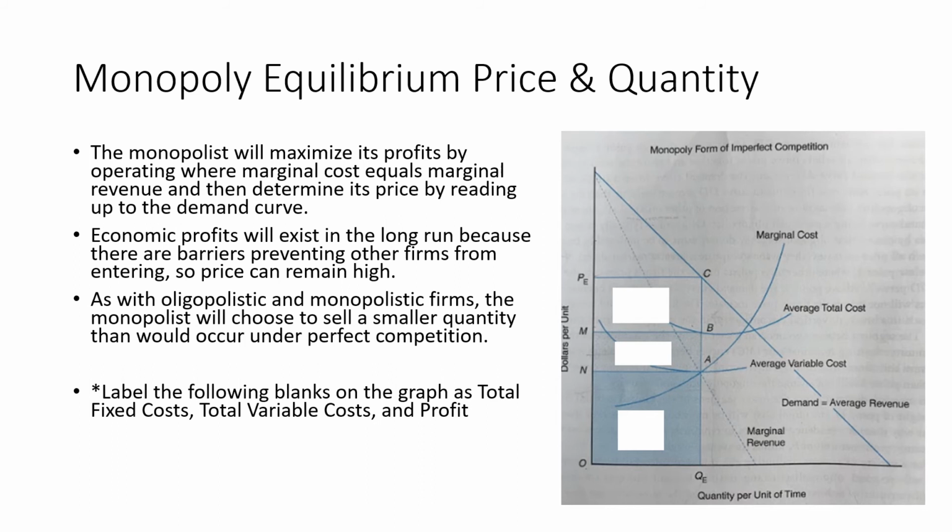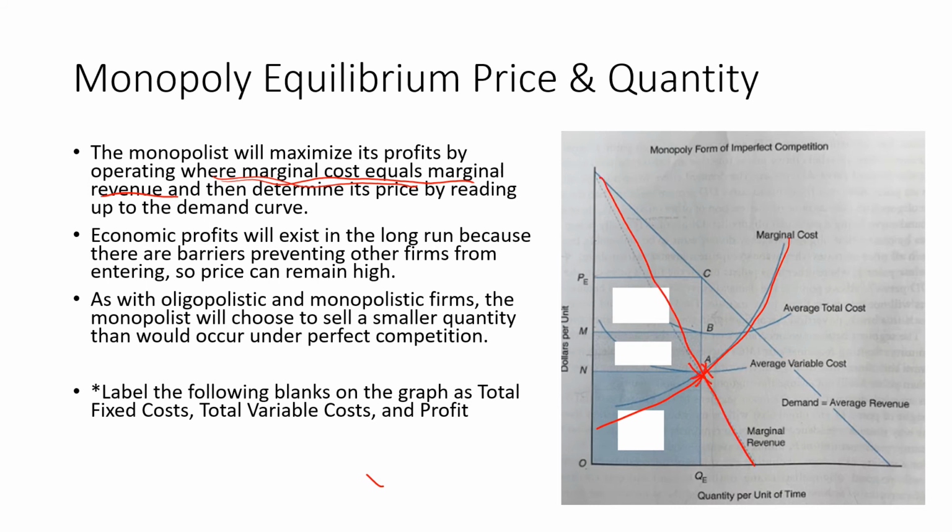So how a monopolist would maximize their profits would be, first of all, operating at the quantity where marginal cost equals marginal revenue. So let's find marginal cost and marginal revenue.